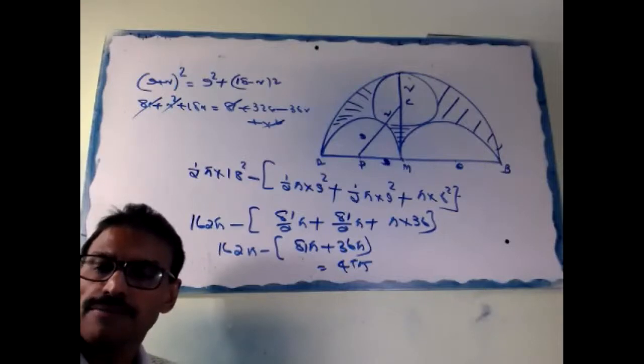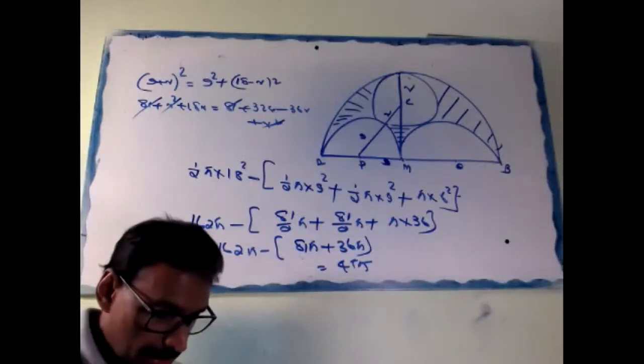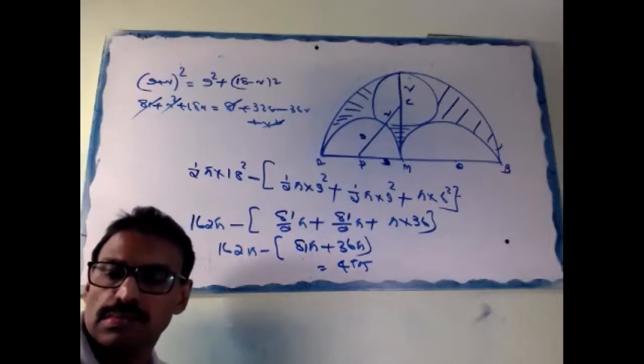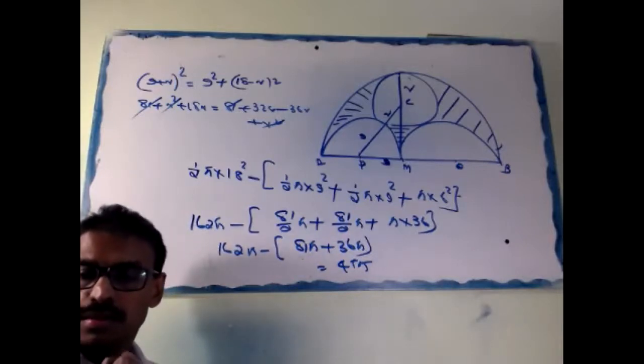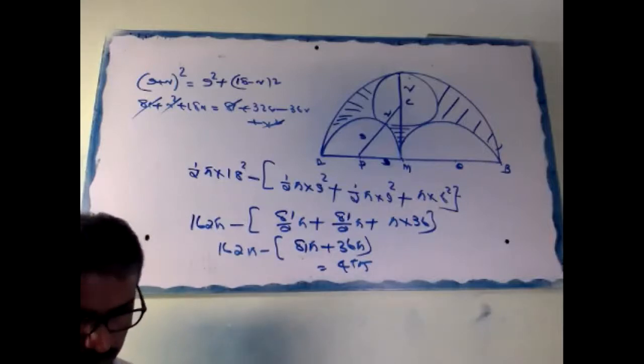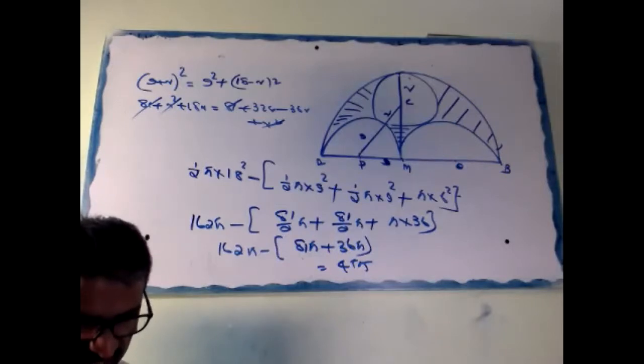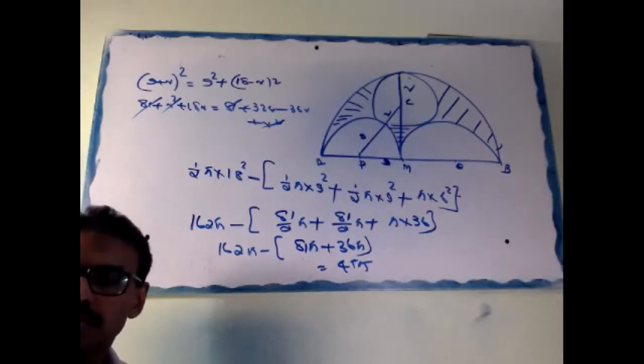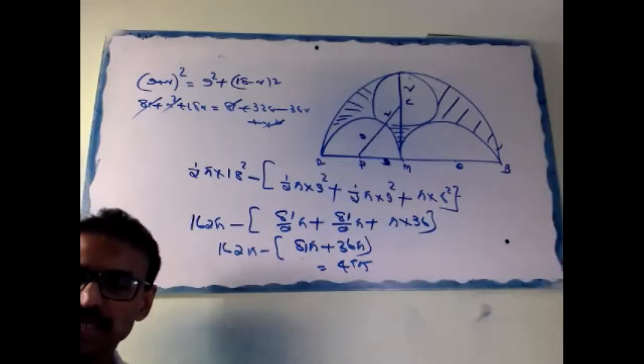Okay. This is okay now? 45 into 22 by 7.